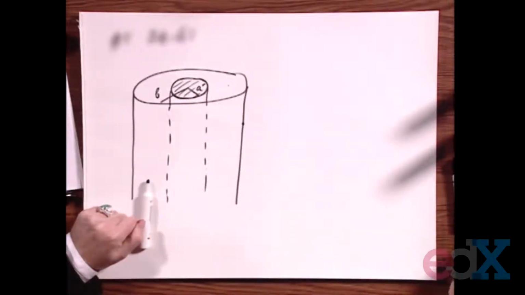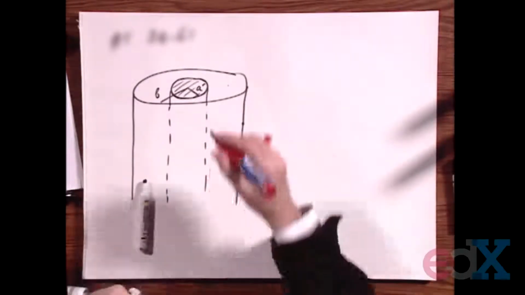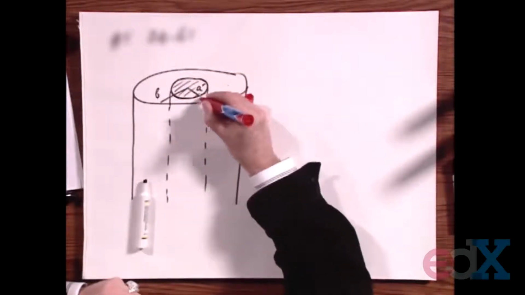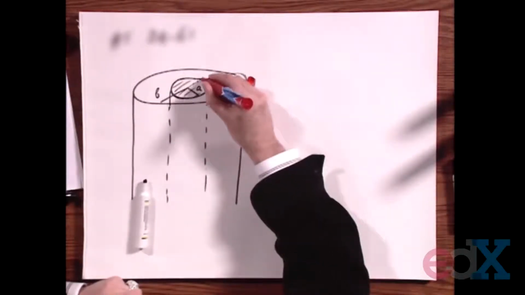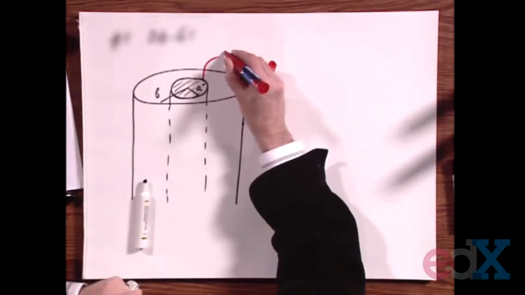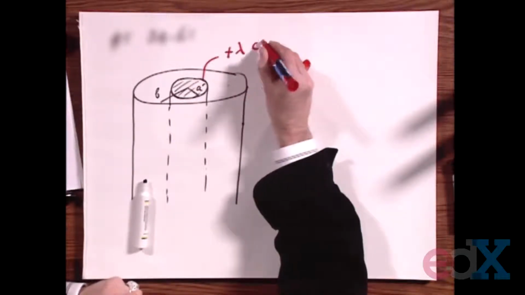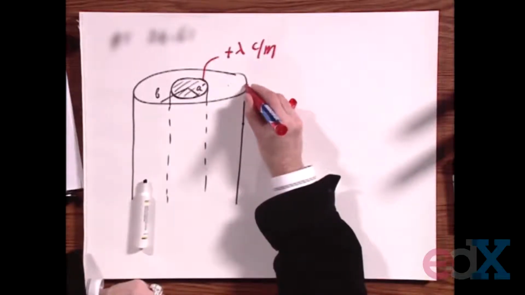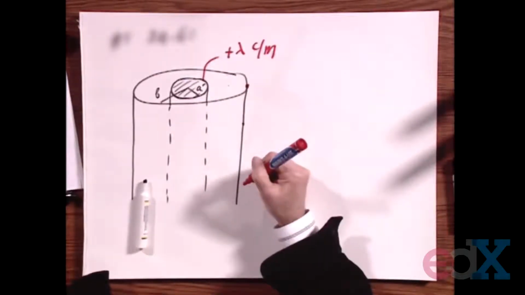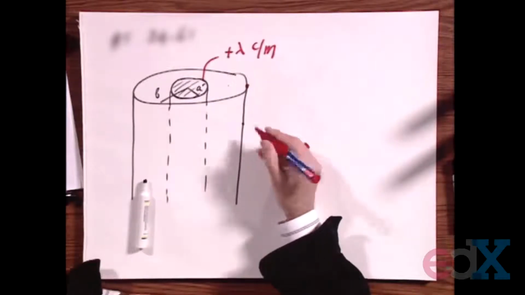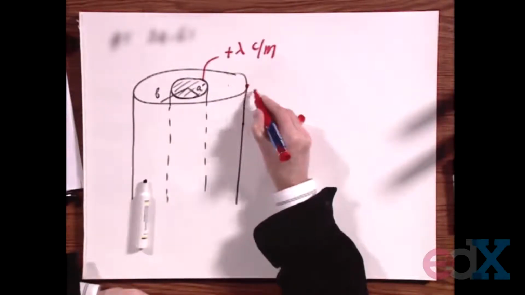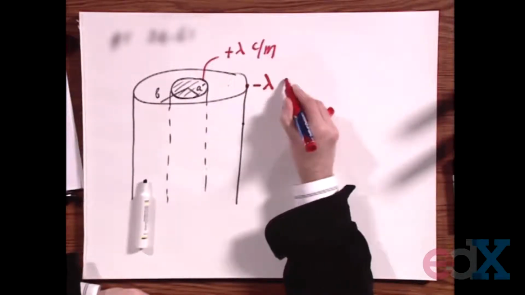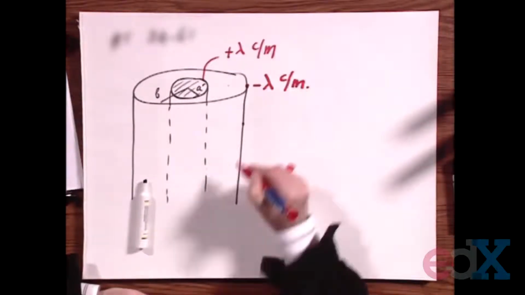On the inner cylinder, which must be on the outer surface of it, we have a charge plus lambda Coulomb per meter, and on the outer shell of the cylinder, which will be undoubtedly on the inside, minus lambda Coulomb per meter.